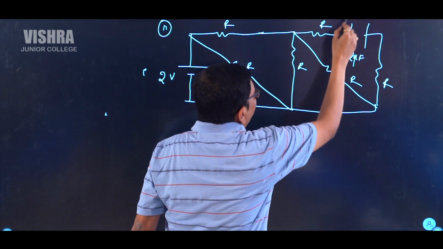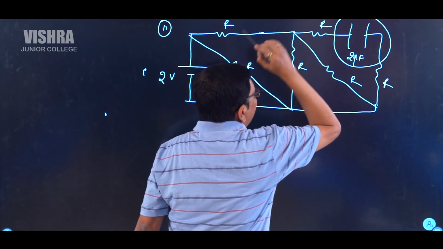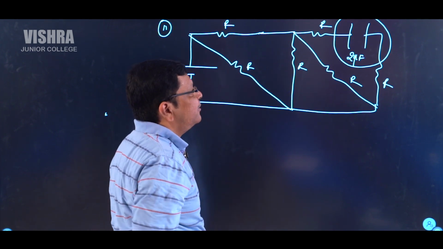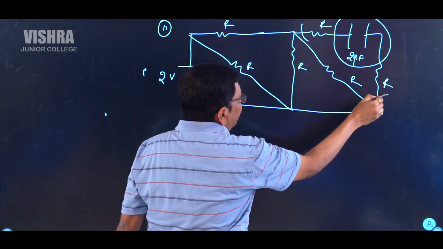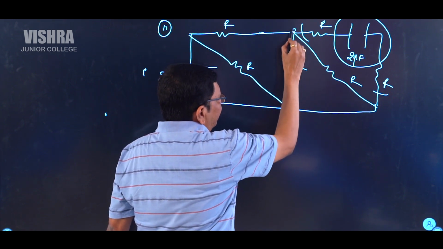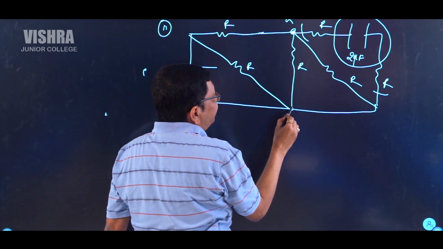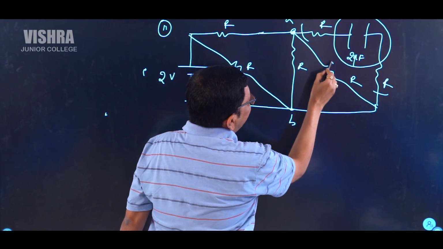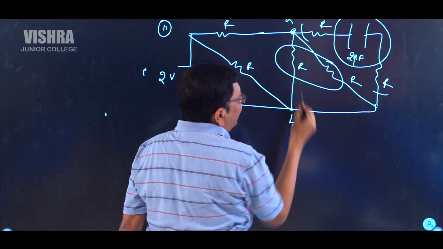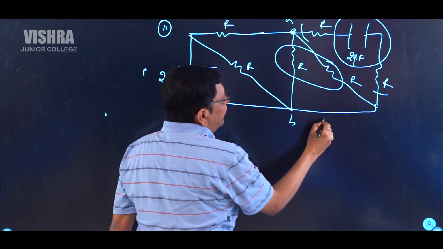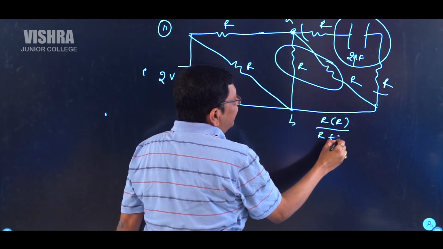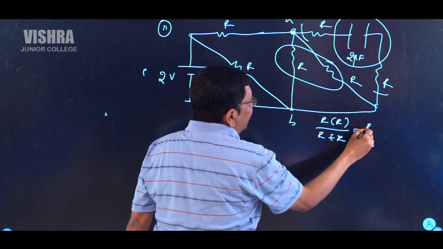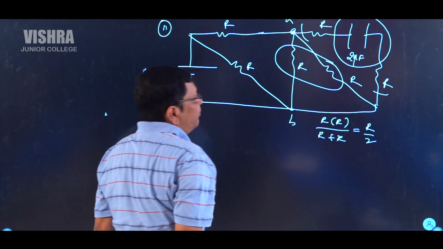During steady state, the capacitor is fully charged. Hence in the loop in which the capacitor exists, no current travels. So in this portion, no current travels. Now between A and B, these two wires are in parallel combination. Their equivalent resistance will be R1 R2 over R1 plus R2, that is R square by 2R, so the equivalent resistance is R by 2.